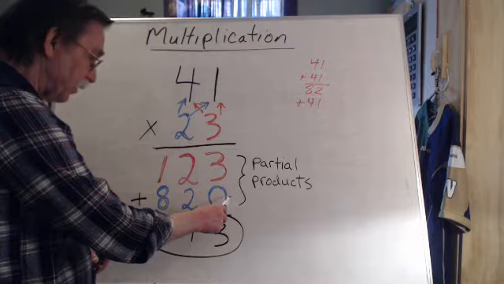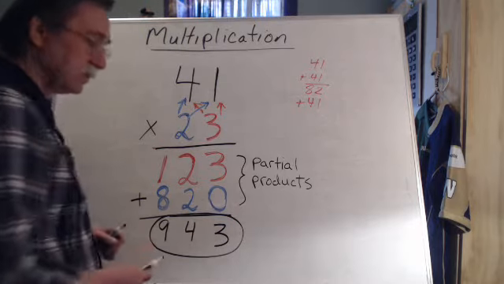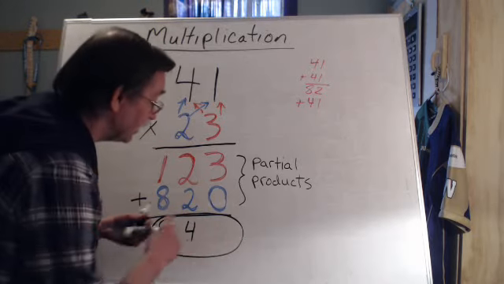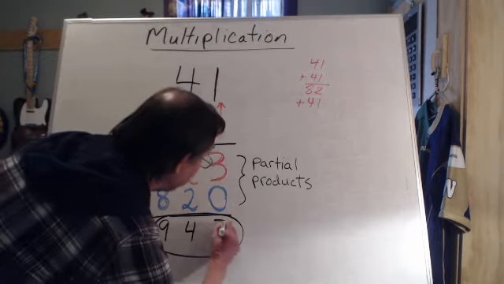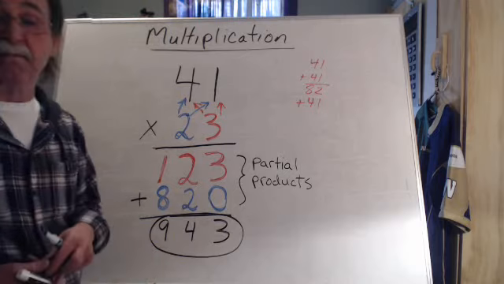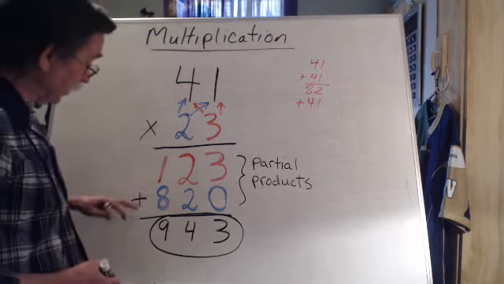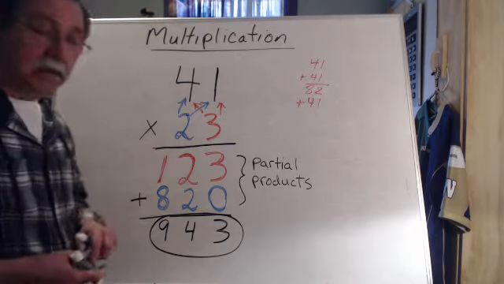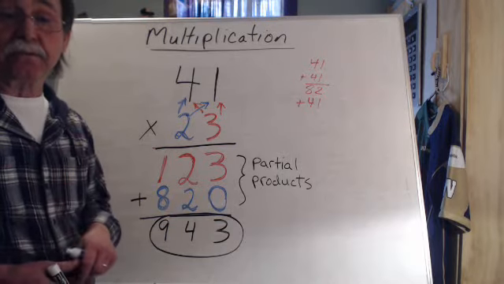And then we ended up with an 820 as the second partial product. And I think this needs to come up a little bit. There we go. And once we get the 2 partial products, we add them together, and we end up with 943.